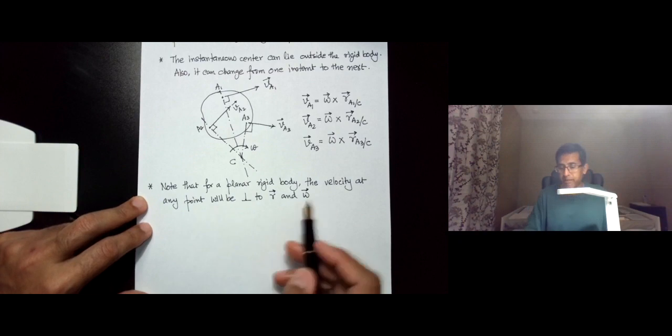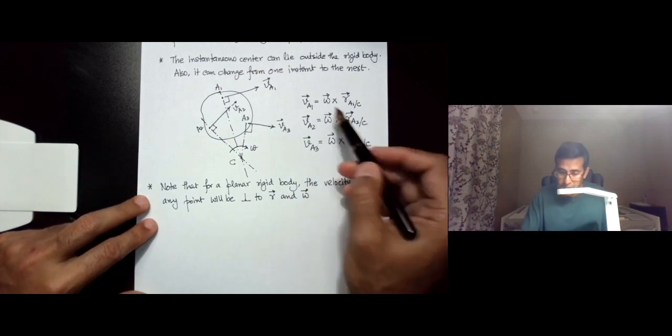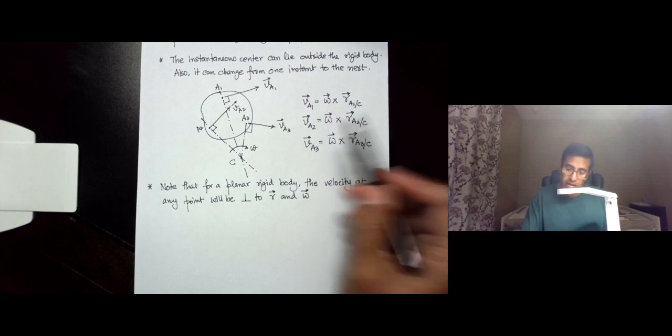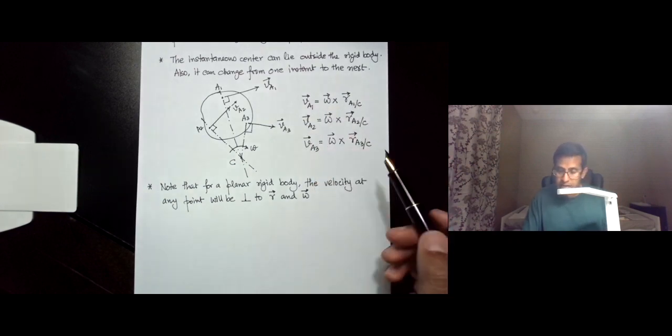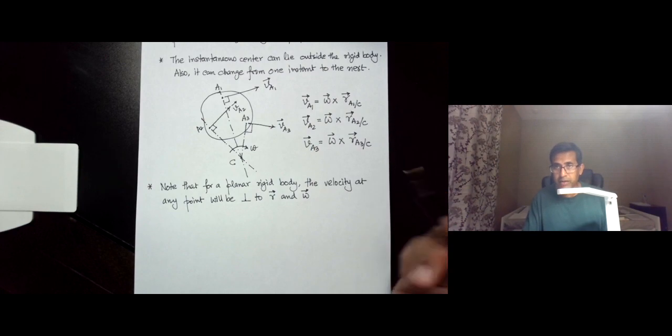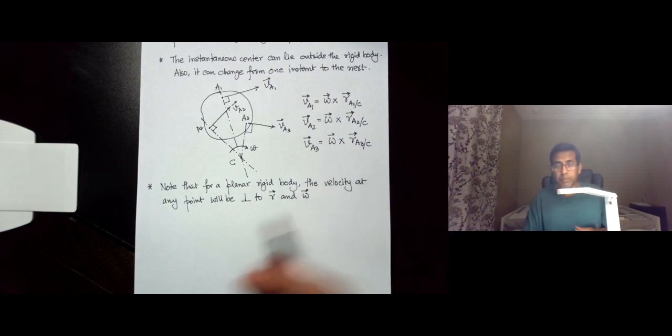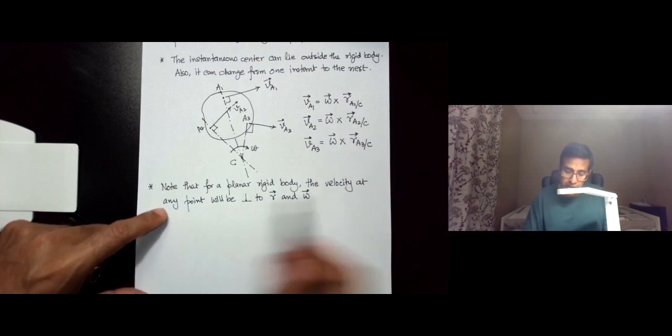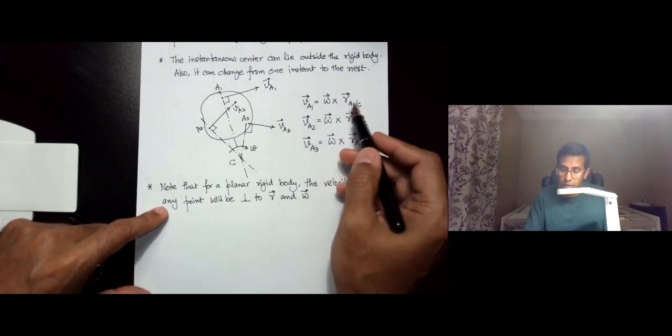This is coming just from cross products, because VA1 is a cross product of omega and R. Similarly for VA2 and VA3. So clearly cross product is an operation that gives us a vector which is mutually perpendicular to these two. So clearly the velocity will be perpendicular to both omega and R.